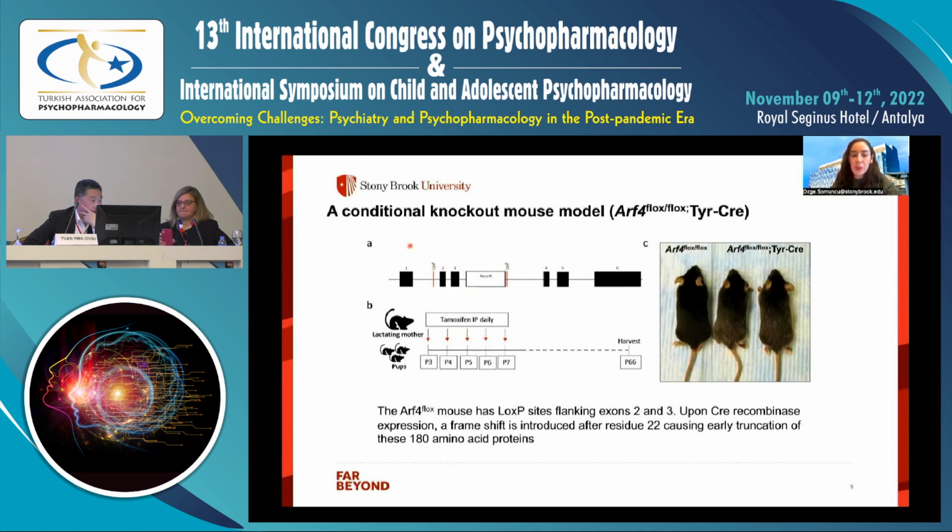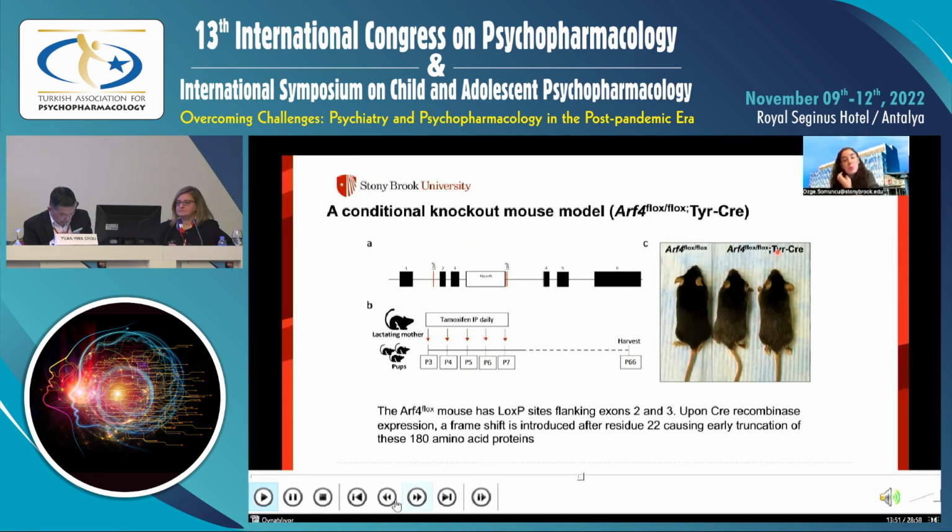Because it was a conditional knockout, we induced it through daily intraperitoneal injections of tamoxifen, and we harvested our animals at P66, which was basically after the anagen, where the hair growth had already happened for the second cycle. As you can see, there was a coat color difference in the mutant animals, and it was promising.